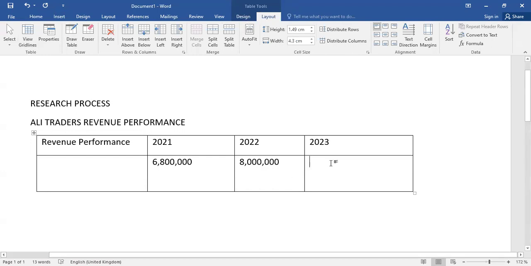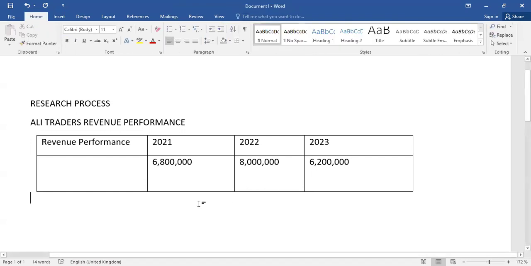Now, the 2023 revenue performance has decreased to 6,200,000. Guys, look at this. We are discussing Ali Traders' revenue performance. In 2021, the revenue performance was 6.8 million. 2022 was 8 million. 2023 is 6.2.